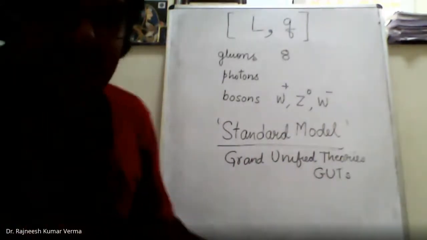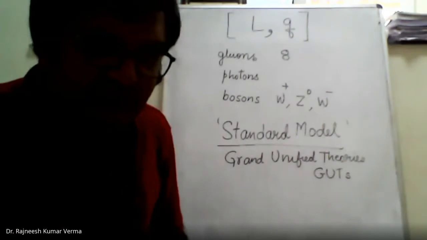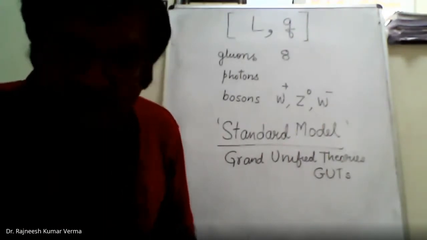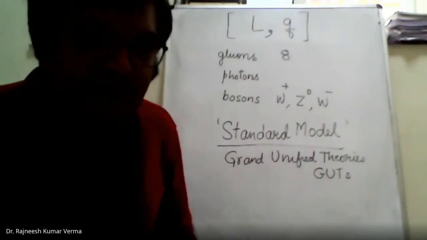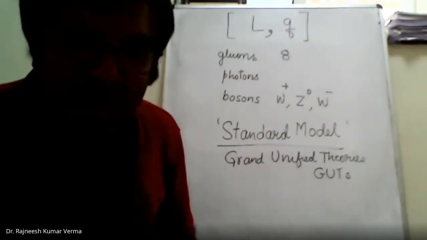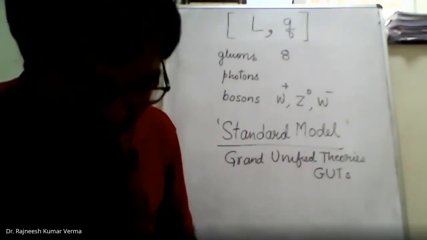And there are many of them. They have been proposed to present a picture in which electromagnetic interaction and weak interaction clubbed together, that is electroweak interaction, can be combined with the strong interaction.